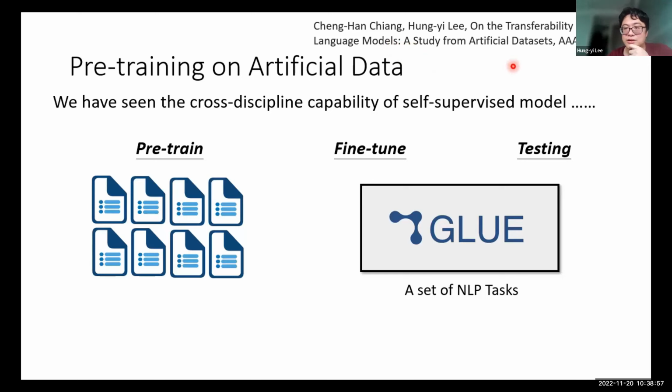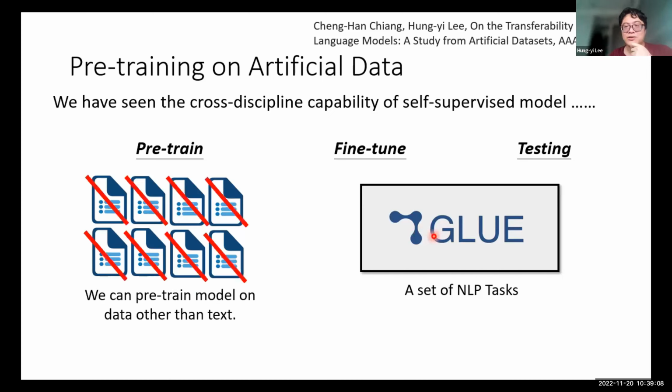We published the result at AACL this year. If our downstream tasks are NLP tasks, can we pre-train the model without using human language? This is possible because we already know those pre-trained models have cross-discipline capability.